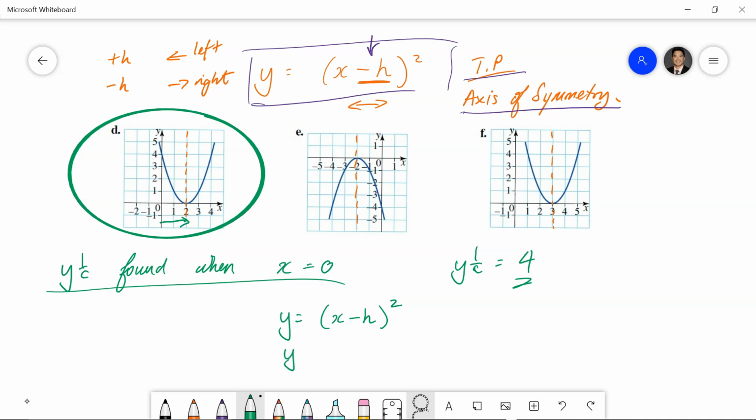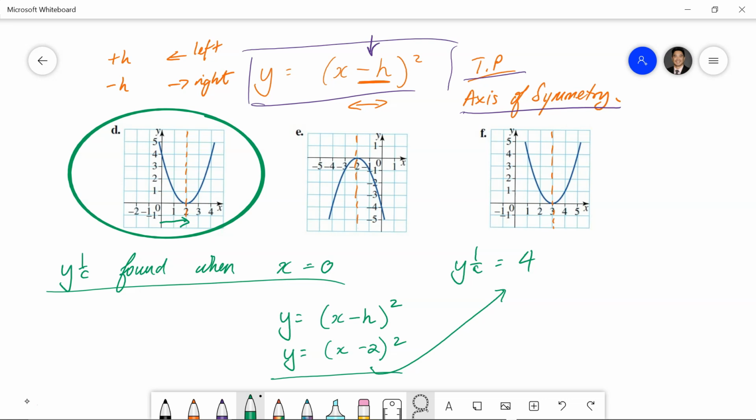So we'll have y is equal to (x minus 2) all squared. Now, because at this stage we haven't done anything else to the graph, I'd like to show you how the y-intercept is 4 with this particular equation.